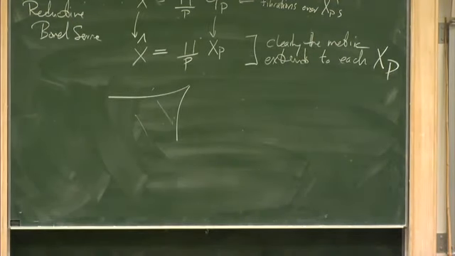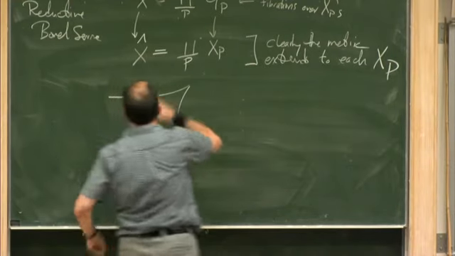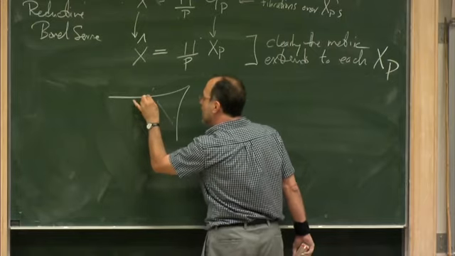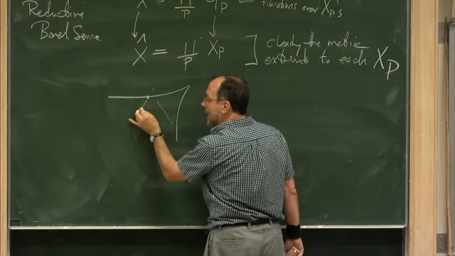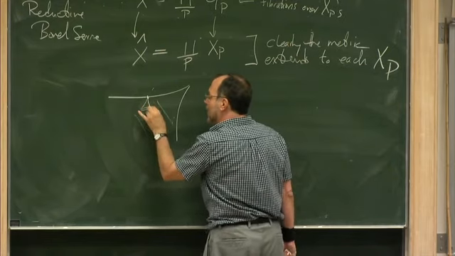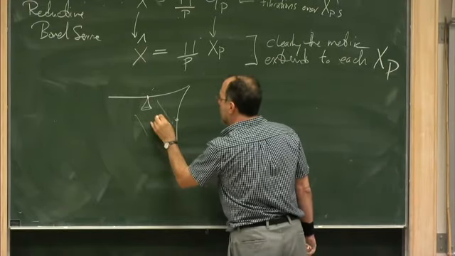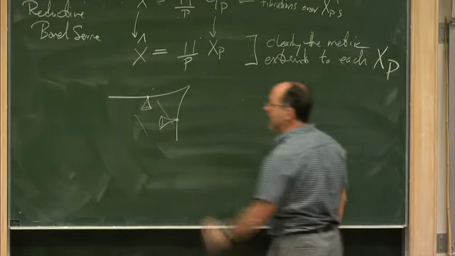This is X bar. But things are being collapsed, so what I should draw is, for any point here, it's only being collapsed at infinity, that nil manifold, so there's that nil manifold and it's coming in. Here's a different nil manifold coming in there.